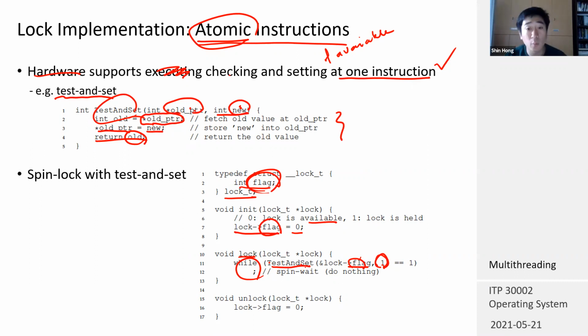That's the situation we want to achieve for the lock operation. If that happens, the loop will be escaped and we move on. And the unlock operation is very trivial. It just sets the lock flag to 0. Make sense? Okay, good.